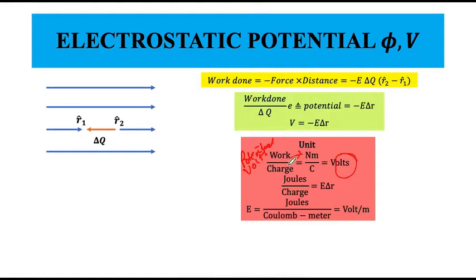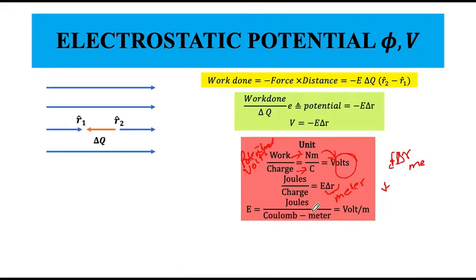Work is Newton meter, coulombs is given by charge, and Newton meter per coulomb we can also represent as voltage. So I have potential, this is voltage, work is in joules per charge, but work was also equal to E delta R. E is the unit for which we are looking, and delta R is the distance that I measured in meters.